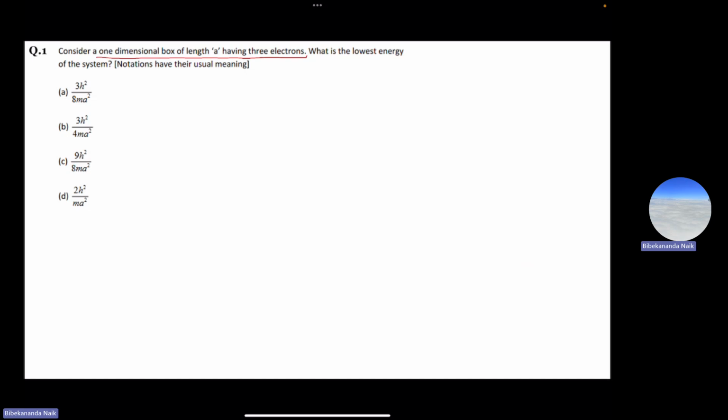So this problem says, consider a one-dimensional box of length A having 3 electrons. Basically this is a type of one-dimensional potential, which is also called a one-dimensional infinite potential well. This potential has the form V x equals infinity when x is less than 0, 0 when x is from 0 to a, and again infinity when x is greater than a.